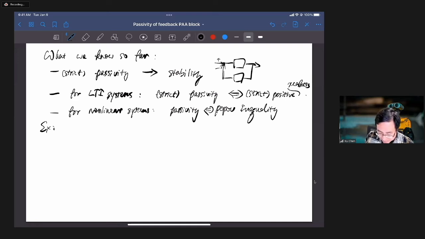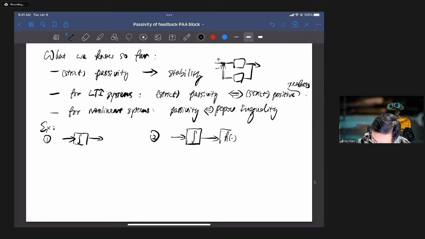I would like to work on a few examples where scenes will include integration of signals, will include, let's say, interconnection of two blocks where h of x is a static function.